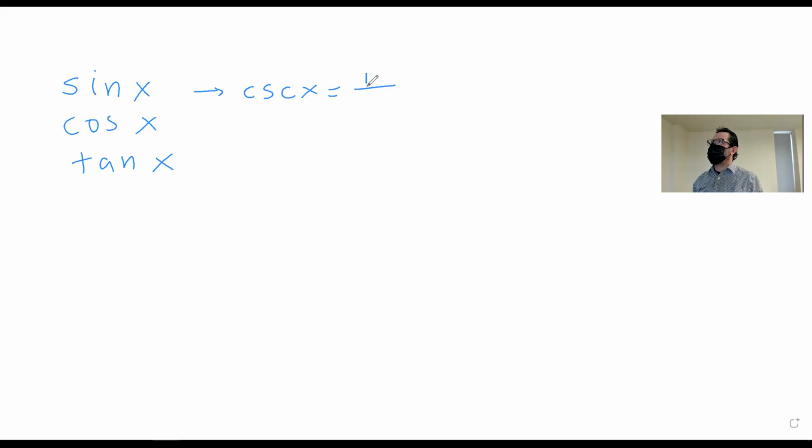So the first basic expressions are sine, cosine, and tangent of x. And then there are some reciprocal expressions here. So we've got something called the cosecant, which is 1 divided by the sine of x.